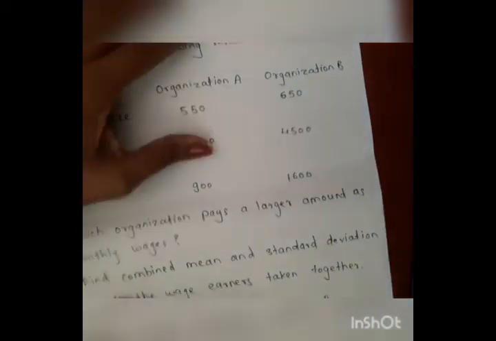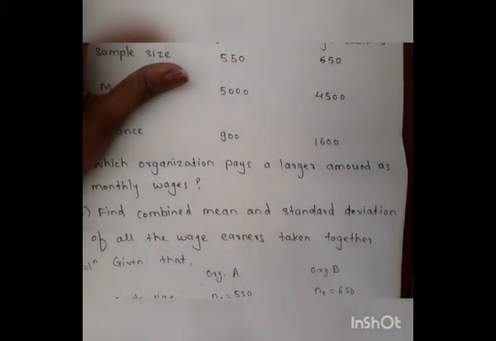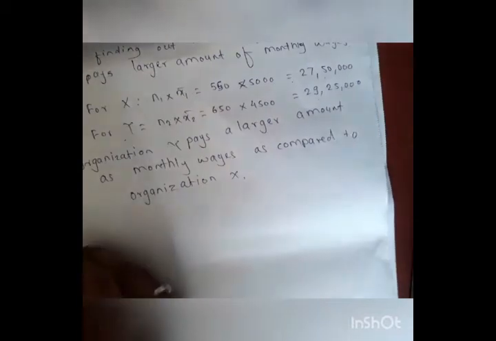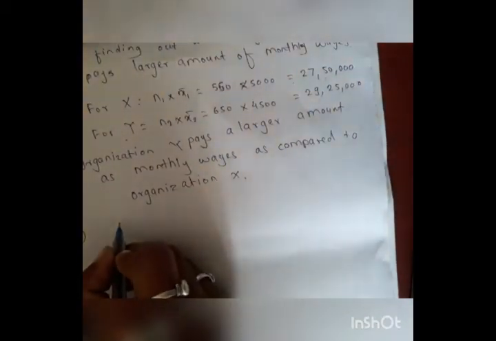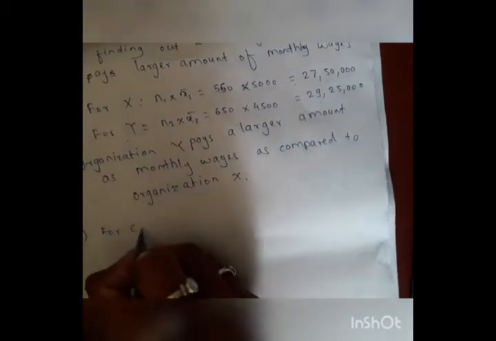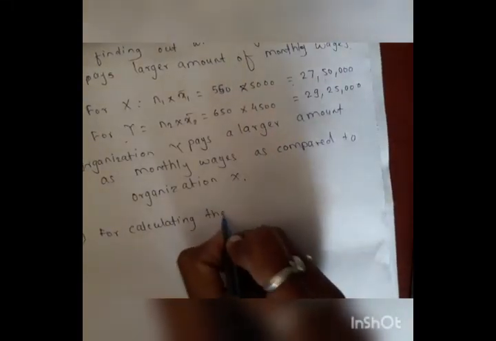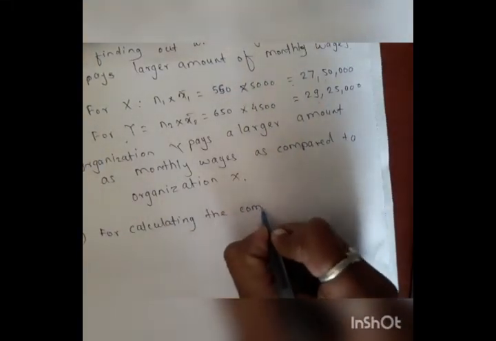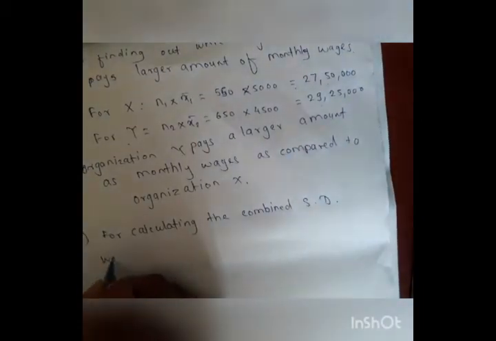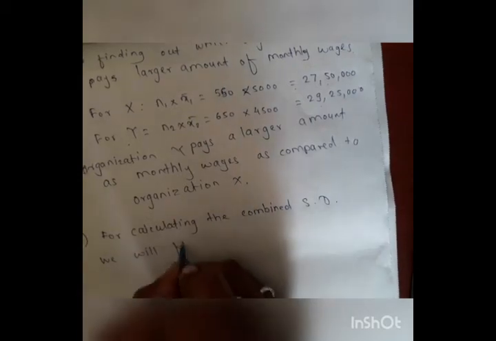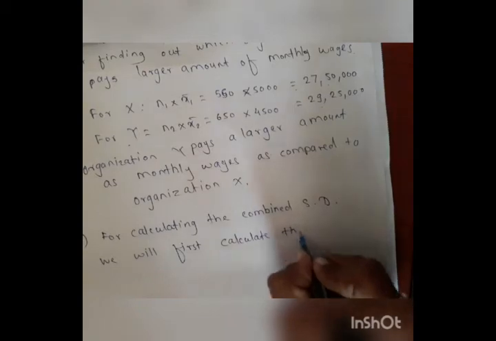Second, we have to find the combined mean and combined standard deviation of all the wage earners taken together. For calculating the combined standard deviation, we will first calculate the combined mean.